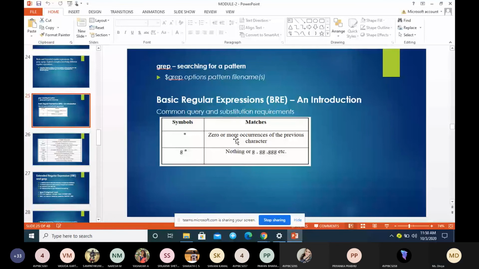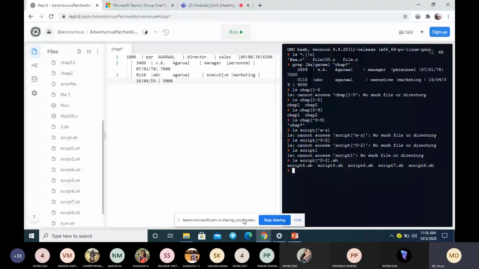Let me give some examples. This is the file CHAP star. So ls CHAP star.